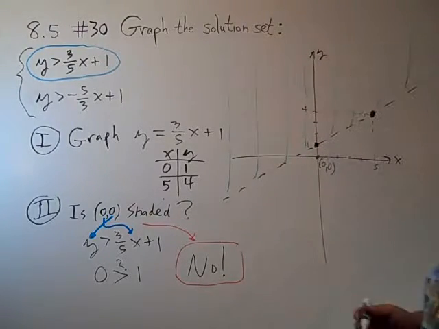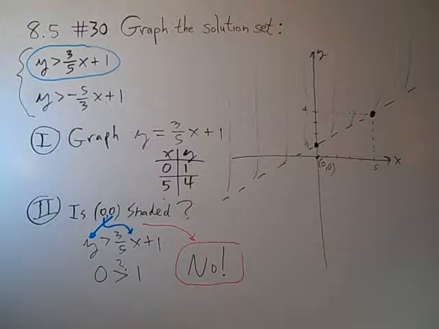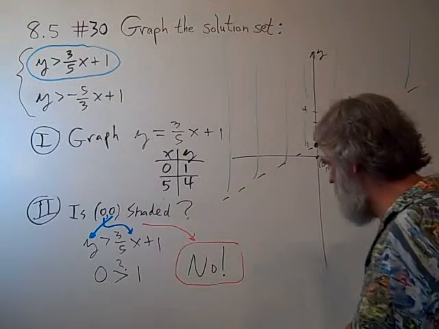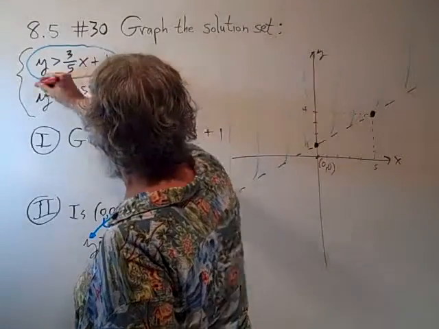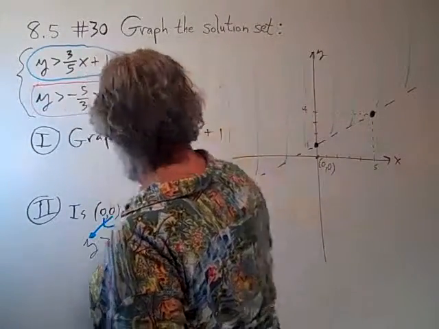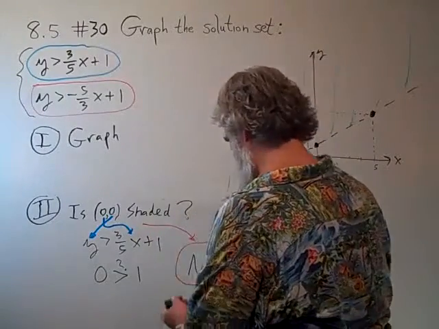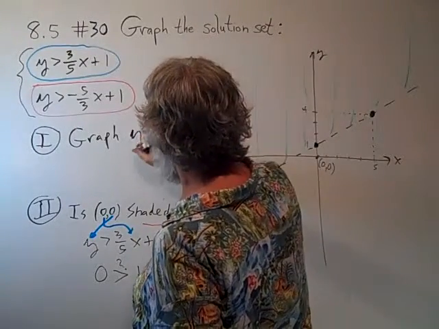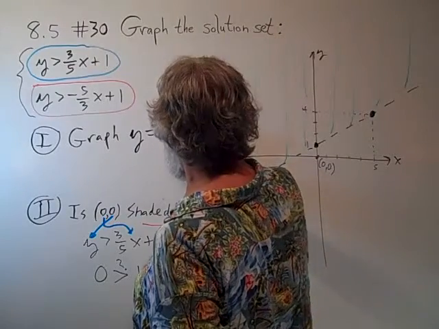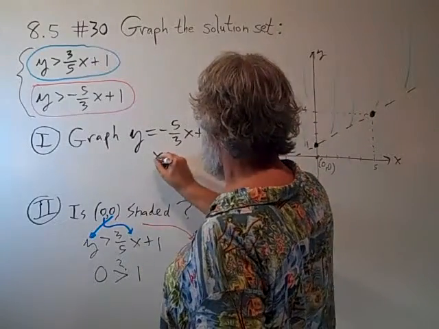So there we have the solution set of the first of the 2 linear inequalities. Now we'll solve the second one. Graph the second one here. This one. So first of all, we must graph the line y equals negative 5/3 x plus 1.